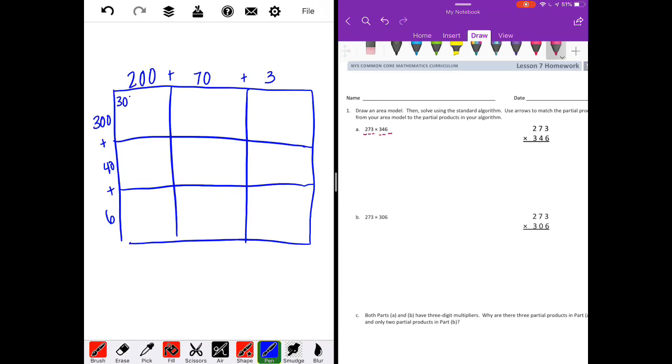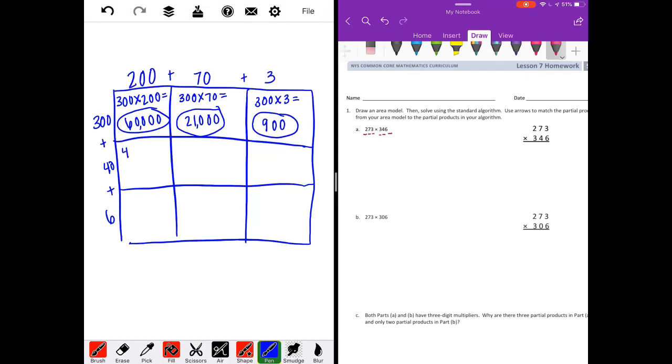So we have 300 times 200 is 6 with 4 zeros, which is 60,000. Then we have 300 times 70. 3 times 7 is 21 with 3 zeros, so 21,000. And 300 times 3 is 900.